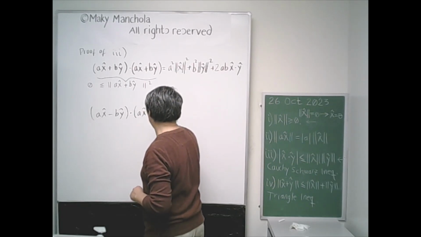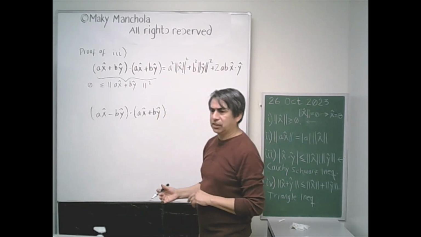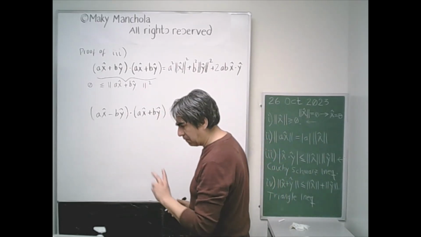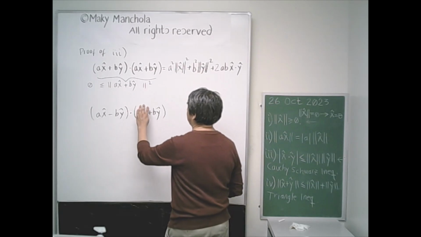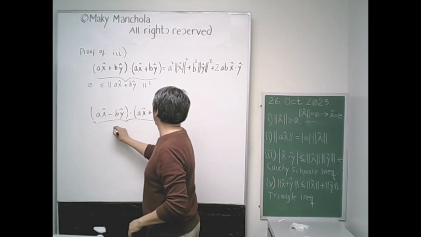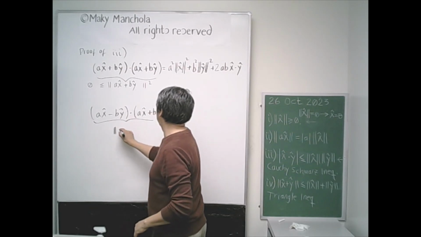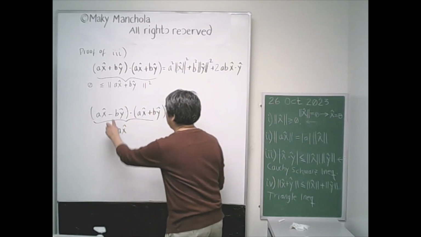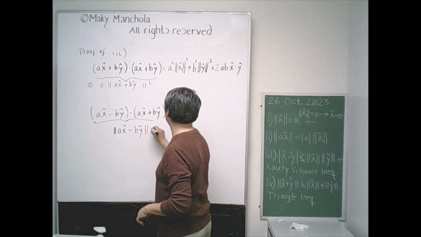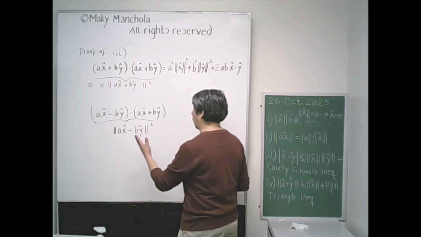I said it at the beginning, there is a trick involved. I'm developing that trick right now. Just follow what I'm doing. Now this is the norm of a x hat minus b y hat squared, right?